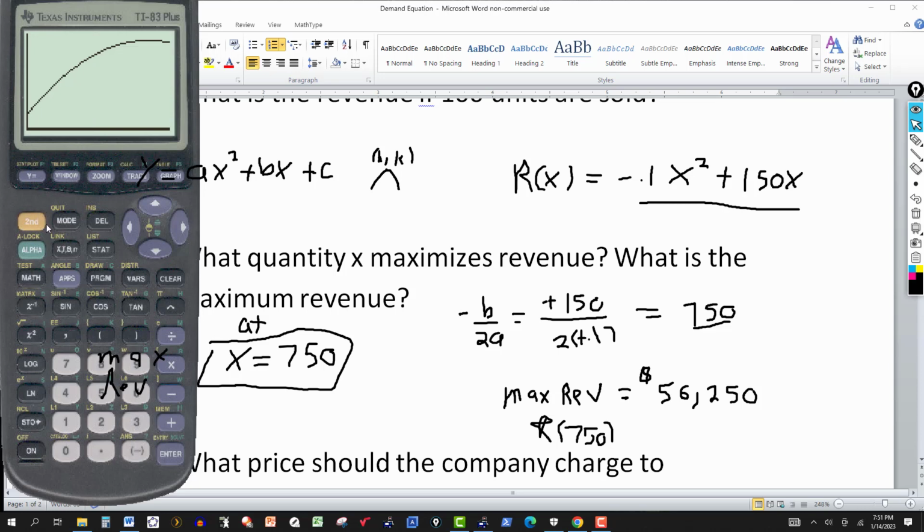If I want to do it in the calculator, now I did it very easily by using this formula, minus b over 2a. But if you want to use the calculator, you go to second key and then calculate. I want maximum, so I would hit 4. Then the left bound has to be to the left of that vertex, so I come over here and hit enter. And then the right bound, you put it to the right of that.